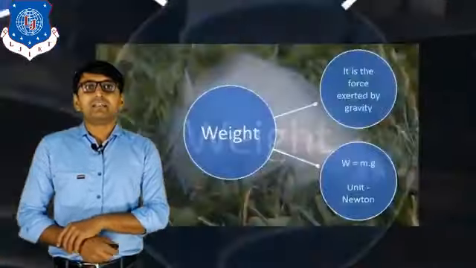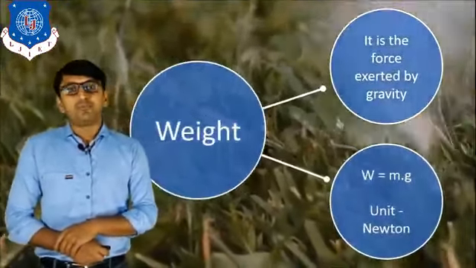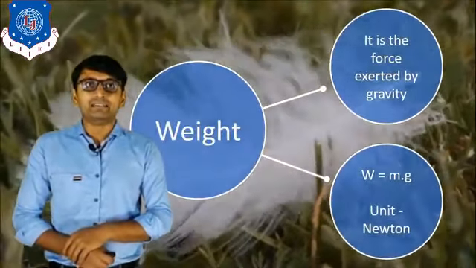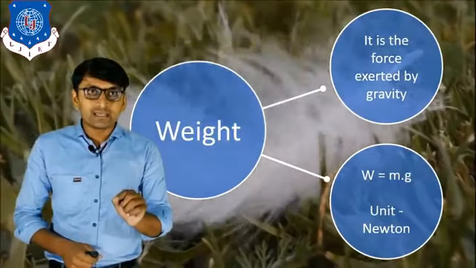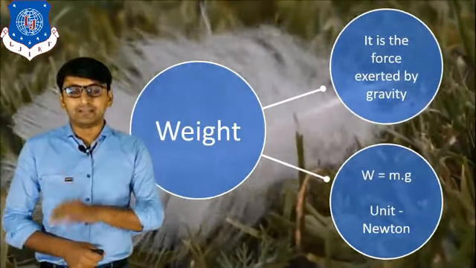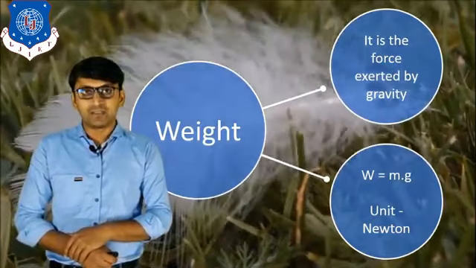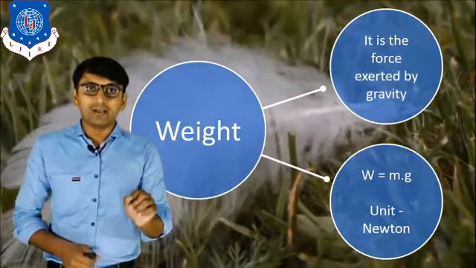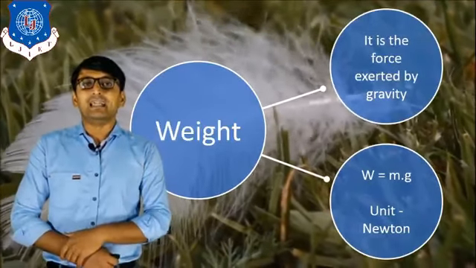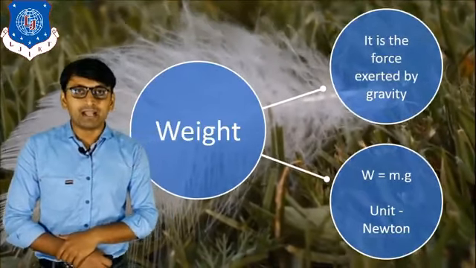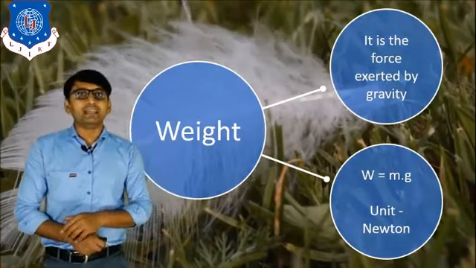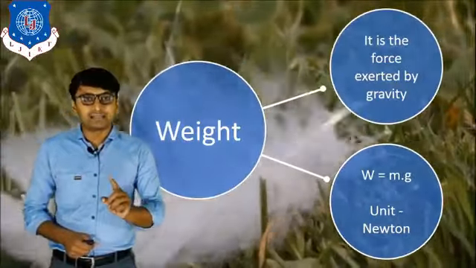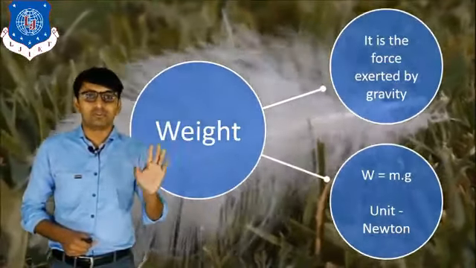Second one is weight. Weight is also a property of a substance, and weight is the force exerted by gravity on a substance. Weight is denoted by W, and W is equal to m into G, where m is mass and G is the gravitational constant.